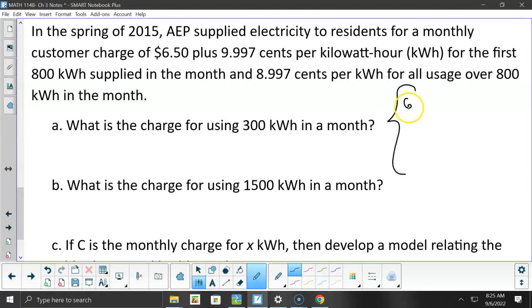All right, so I've got the $6.50 that they're charging me no matter what, plus 0.09997x. And this is going to be for x between 0 and 800, but I have no room.